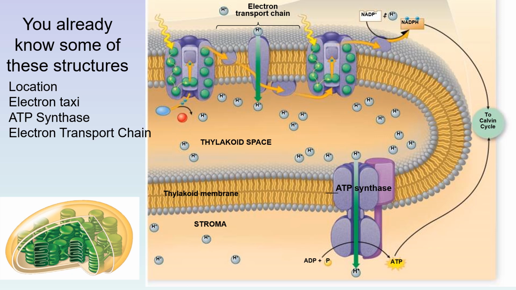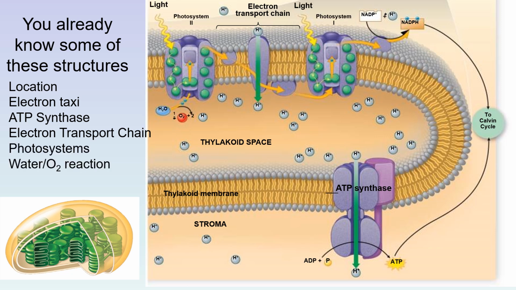Flanking the electron transport chain are two things called photosystems, and those are new to us in these diagrams. Photosystems are quite complicated, but we can reduce them to basically a complex that contains the pigment that makes the thylakoid membrane green. We have photosystem 1 and 2. Photosystem 2 will be used first, and then photosystem 1 will be used second.